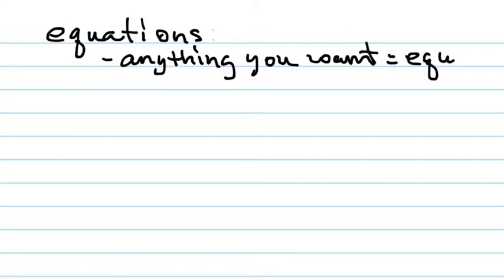Now, we need to talk a little bit about what we're going to be working with. Remember that these systems are systems of equations. And the beauty of an equation is that you can do anything that you want as long as you do it equally. So don't think that you can multiply one of the terms by 2. That's not good enough.